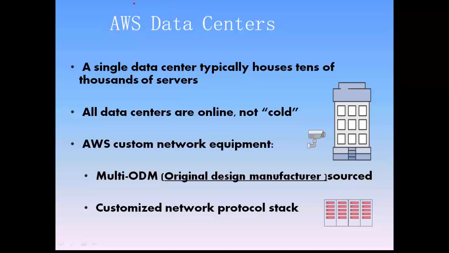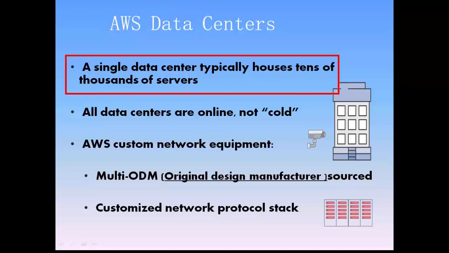A single data center typically houses tons and thousands of servers, having a lot of storage and networking equipment. Data centers can be in your own premises also. But in AWS, this data center is maintained by AWS.